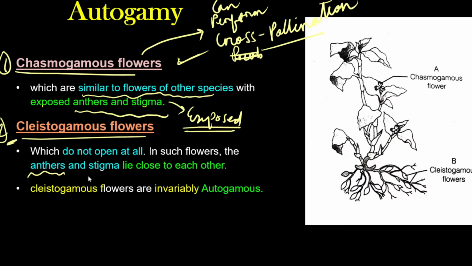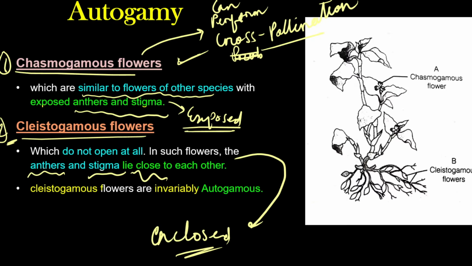While in the case of the cleistogamous flower, the anther and stigma are enclosed within the flower. They lie close to each other first of all, and they are enclosed within the flower. They are not exposed, they are enclosed. Here you can see these are the cleistogamous flowers. You can observe that these are enclosed, not exposed.